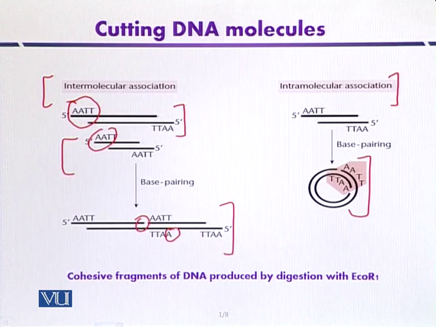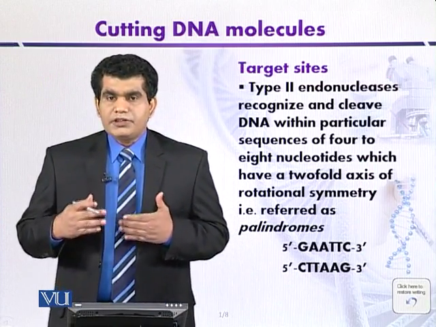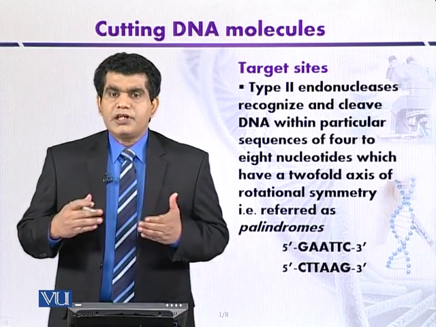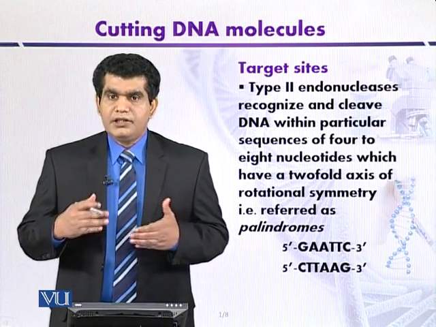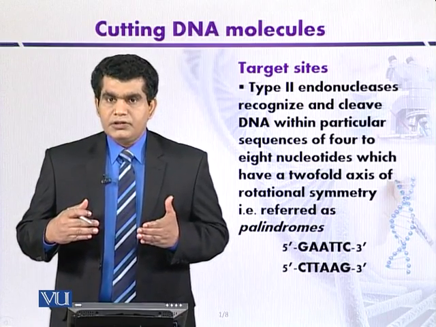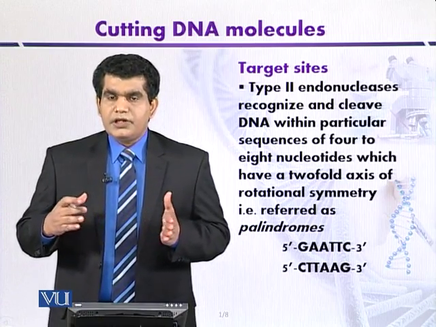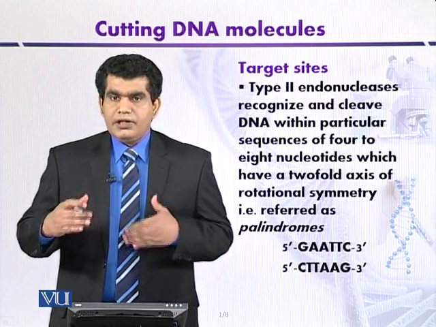So this may be the situation that sometimes transformants have the foreign DNA and sometimes intramolecular association occurs where no foreign DNA is there. So from this discussion we can say that restriction enzymes may be of different types and they can recognize different recognition sequences, and even the fragments that are produced can also vary in length.